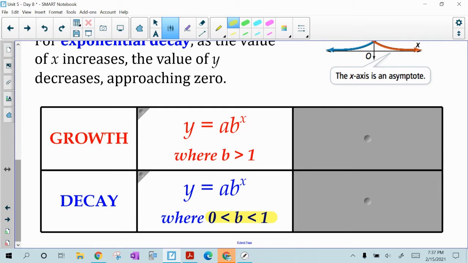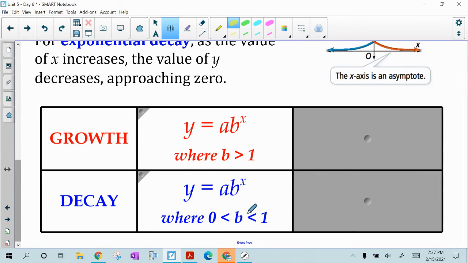So let's take these two cases straight away. What are some possible values of b? 2, 3, 4.5, 5.75, 11 thirds. These are all values where my b value is bigger than 1. On the other hand, in exponential decay, I'm looking for something that's maybe a decimal, like 0.75, 0.25, or 3/5.